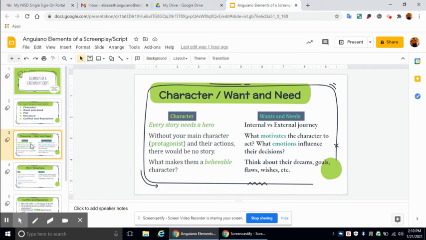Just another thing to keep in mind when we're talking about character is a character is well rounded when we perceive them as believable or authentic. Humans in general are complex beings. So, an interesting character has at least one thing that they need to fix. This can be a problem or some type of flaw.